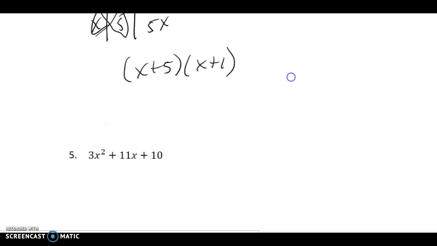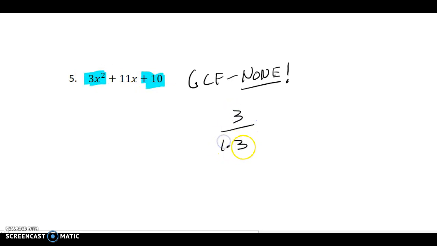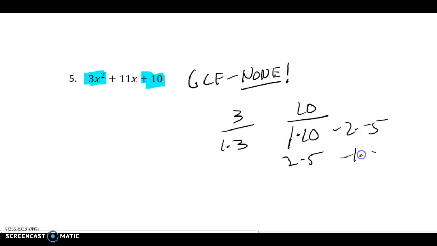So finally, we're going to check for GCF first. GCF. Notice that we have none. All right, so on this one, we're actually going to break down two of them. So I'm going to highlight both of them. So 3 is 1 times 3, and 10, and on the first one you never have to do negatives, is 1 times 10, 2 times 5, negative 2 times negative 5, and negative 1 times negative 10.